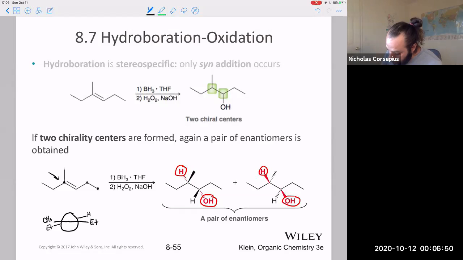So now I'm going to have, and importantly note that the back carbon is going to be the one that's the less highly substituted one, so it's going to be the one that gets that OH group. Importantly, when I form my new Newman projection here, I need to make sure that both the hydrogen and the OH group are being added to the same side, right?